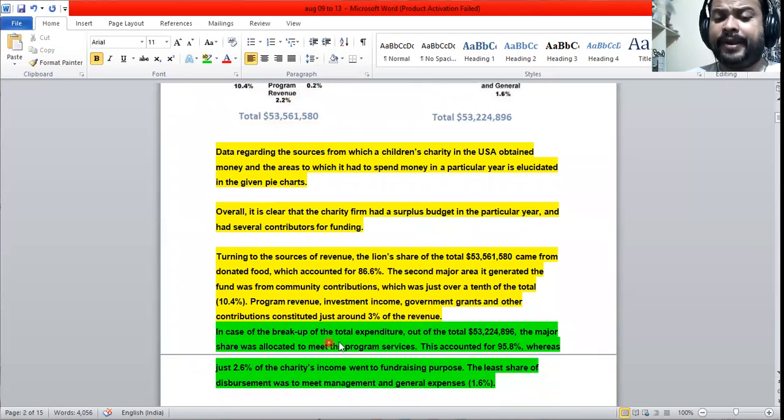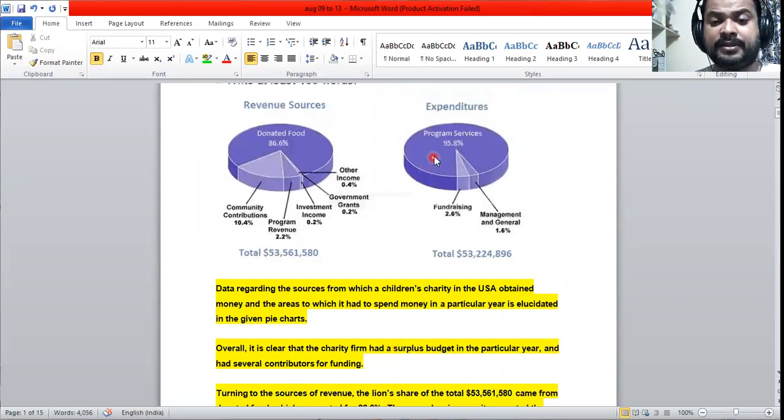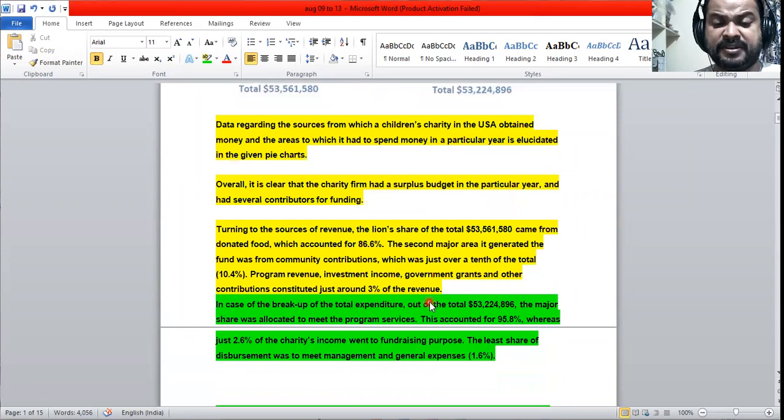In the breakup of the total expenditure, the major share was allocated to meet the program services, that is 95.8%.